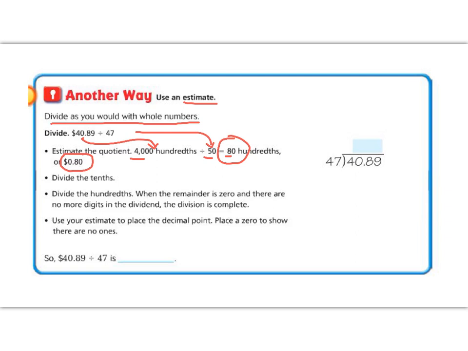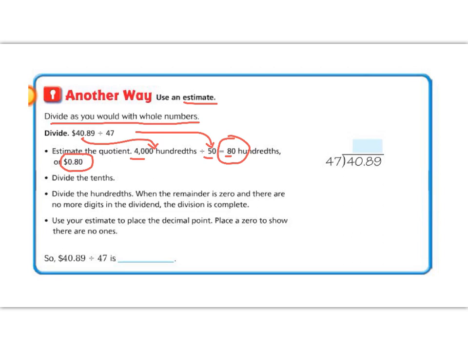Let's divide. So we start by thinking, does 47 go into 4? No. Does 47 go into 40? Nope, it doesn't go there either. So how many times does 47 go into 408? Just like we would normally do if there were no decimal there. Well, I know that if I multiply 47 times 10, I'll get 470.